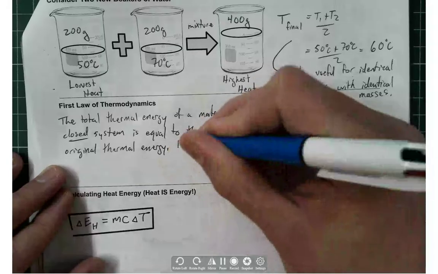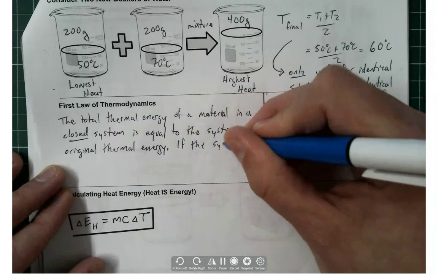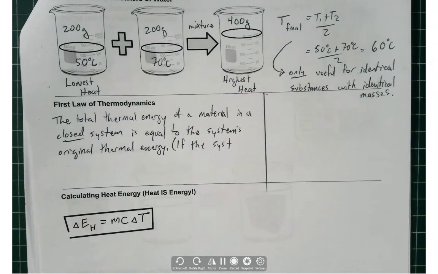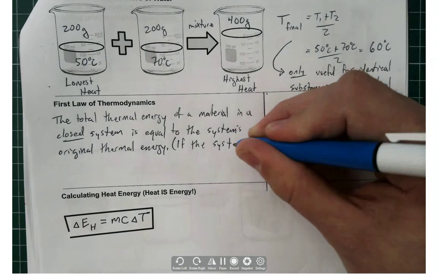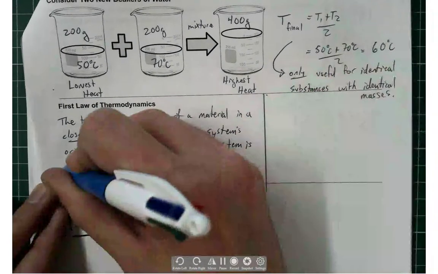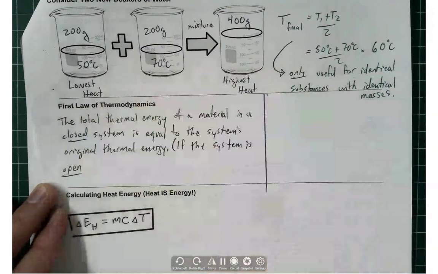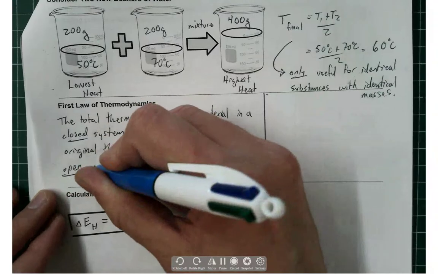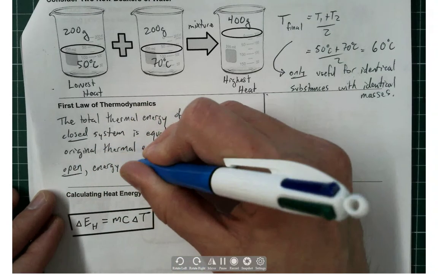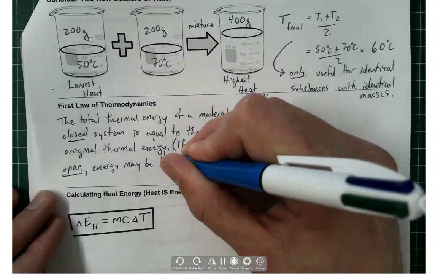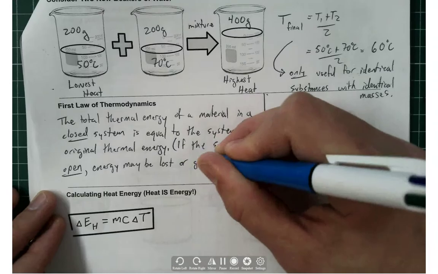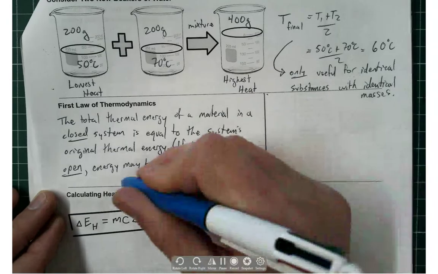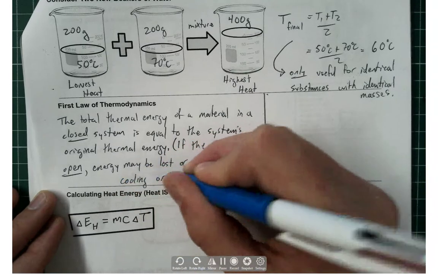We could say, and I'll put this in brackets because it's not really a part of the first law of thermodynamics, it's just a tack-on, if the system is open, energy may be lost or gained by cooling or heating.